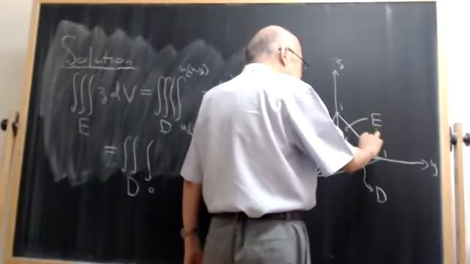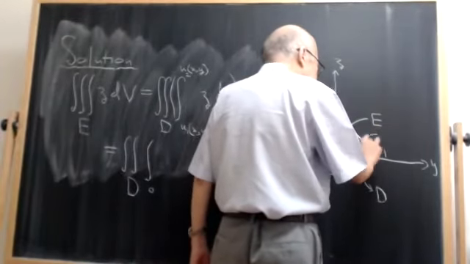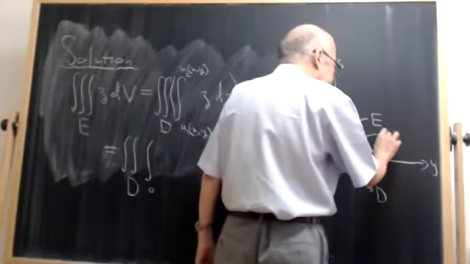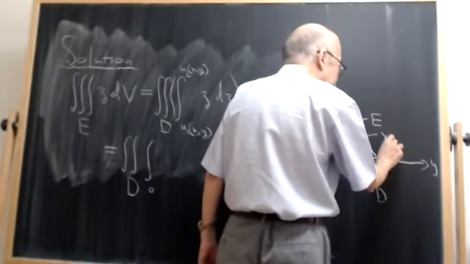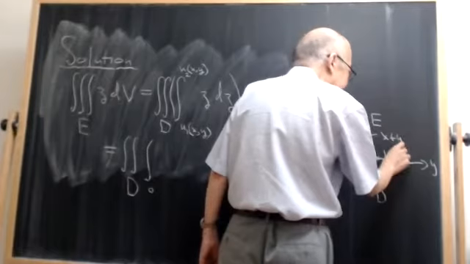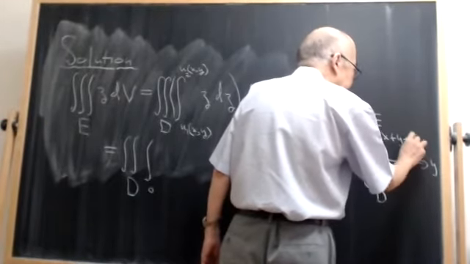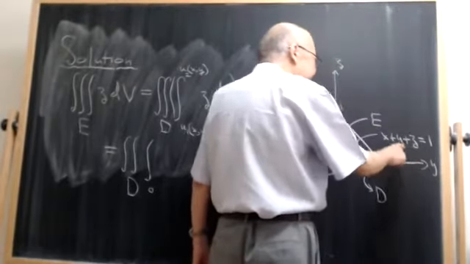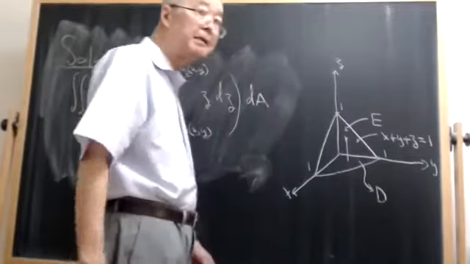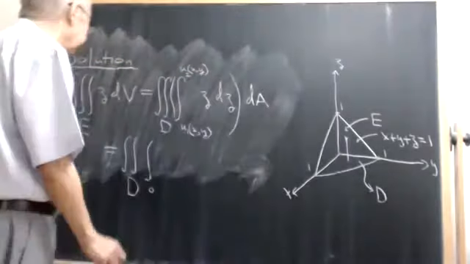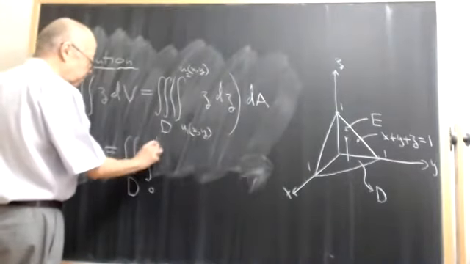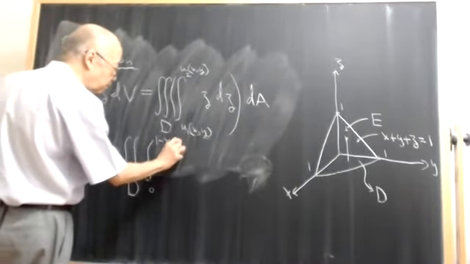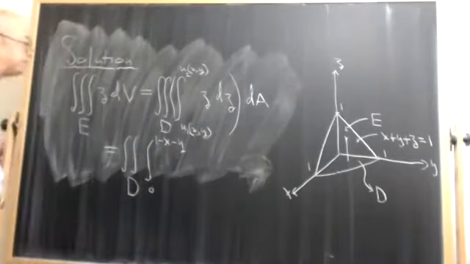Now, what is this upper surface? We have x plus y plus z equal 1. So z is 1 minus x minus y. Correct?